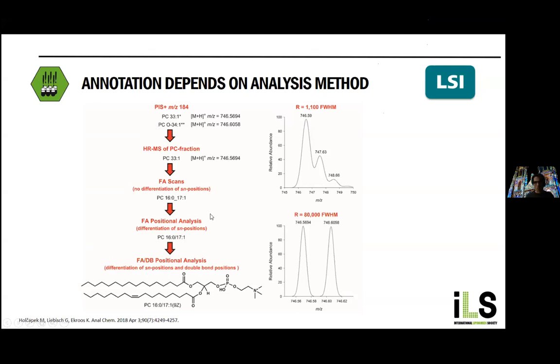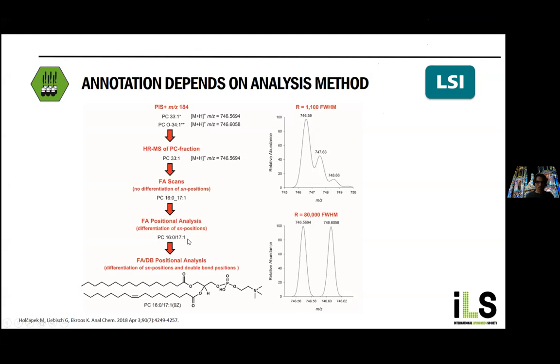And if we want to annotate at that kind of level, we need justification of these acyl fragments. And I have to say, you should see both of them, not just one. You should really have the evidence of both fragments.